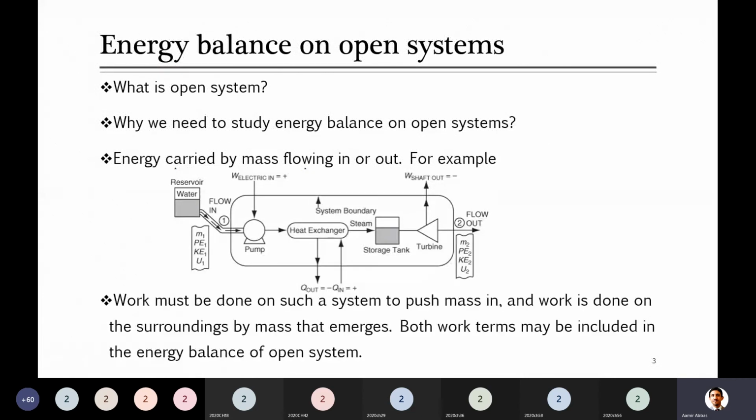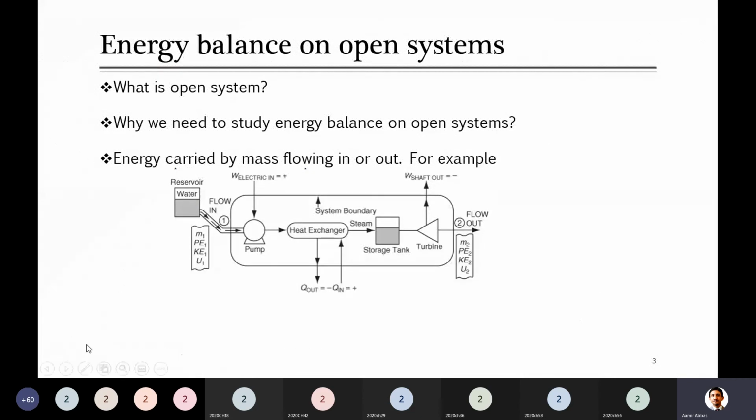Overall, you see that some liquid is getting into the system. In order to push this liquid into the system, we have to do some work. Always you will be doing some work on the fluid.